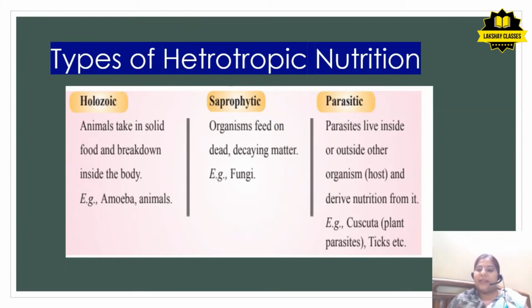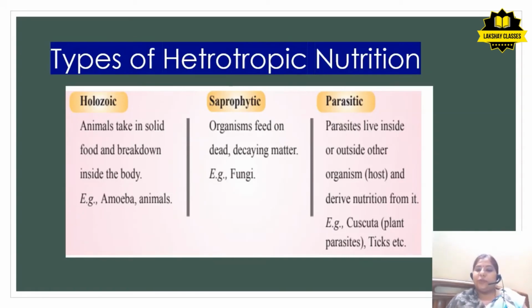In this, we are taking solid food inside, and then with the help of the enzymes in our body, food is broken down into simpler substances. So such type of nutrition is called holozoic nutrition. Example is amoeba. Amoeba is a unicellular organism, and animals. Animals include human beings also.